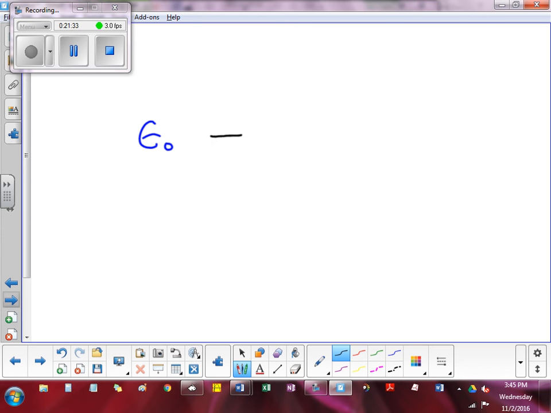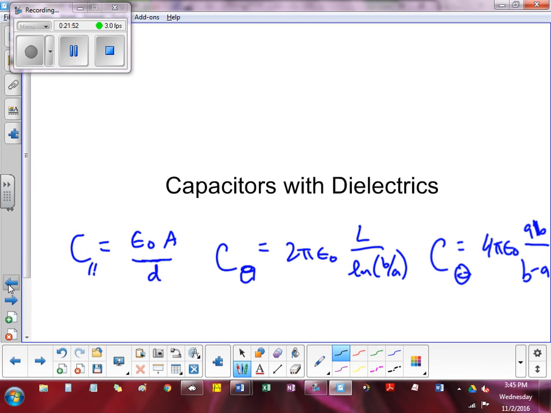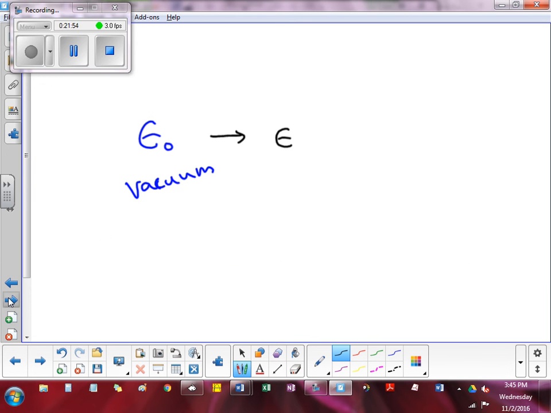That thing can be improved to epsilon in general. So you know how this means like starting amount? This is for in vacuum. I always spell that wrong. It's 2 U's. So it's 1 C, 2 U's. Epsilon in general could replace all of our epsilon naughts here. And as long as epsilon is bigger than epsilon naught, we have increased our capacitance.